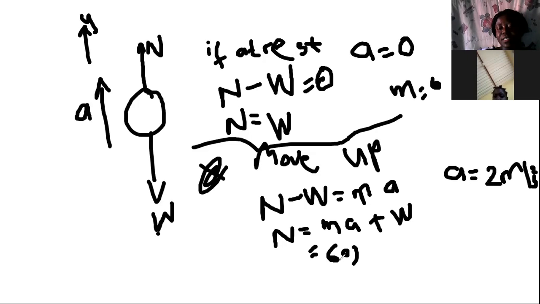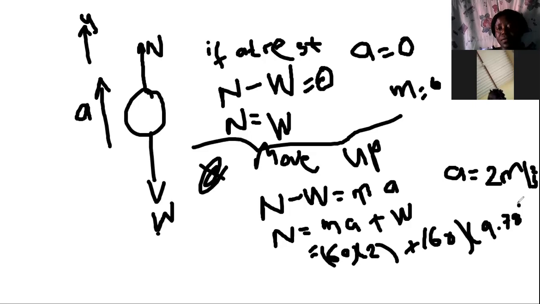So you have 60 times the acceleration of the elevator plus the weight. Remember, your weight is your mass times the gravitational acceleration, because your weight is always due to gravity. So we have a weight of 60 times 9.78.